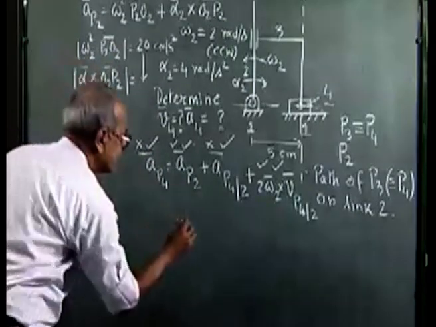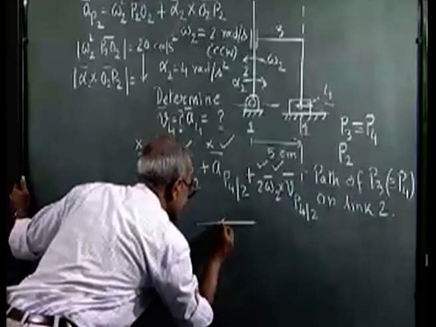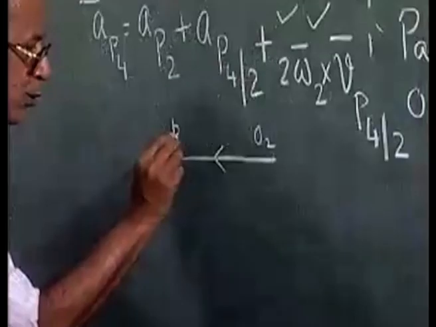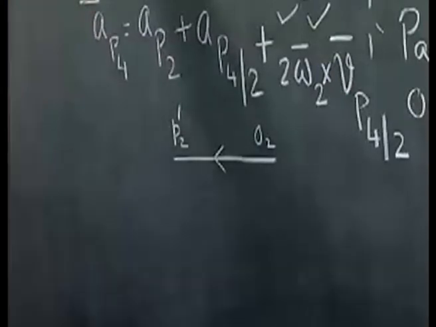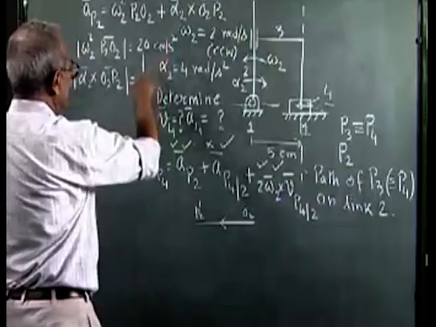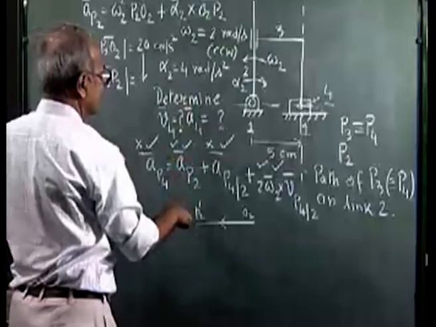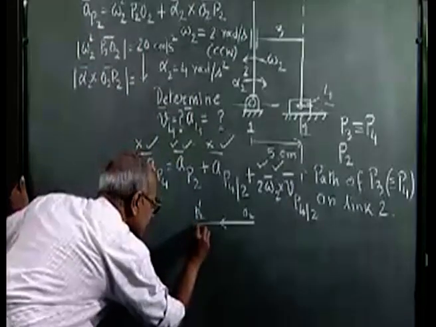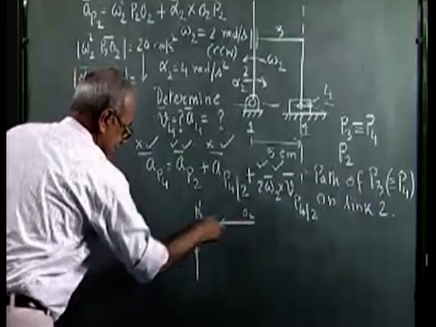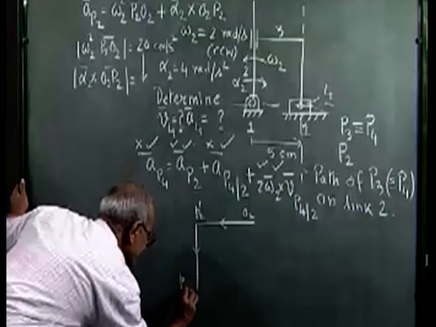AP2, I write omega 2 squared O2P2 to some scale. Let me say this is O2. This point I call P2 prime, because this is only this component, which is 20 centimeter per second squared to the left. Then this component is again 20 centimeter per second squared, but in the vertically downward direction. So I draw again a vector of the same length, and this is P2.